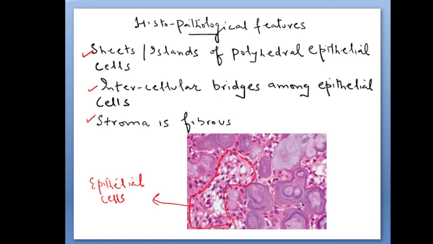Histopathologically, epithelial cells are arranged in the form of islands, sheets, or strands. The outline of epithelial cells is prominent. Intercellular bridges are seen. There is a prominent nucleus and it can undergo pleomorphism.